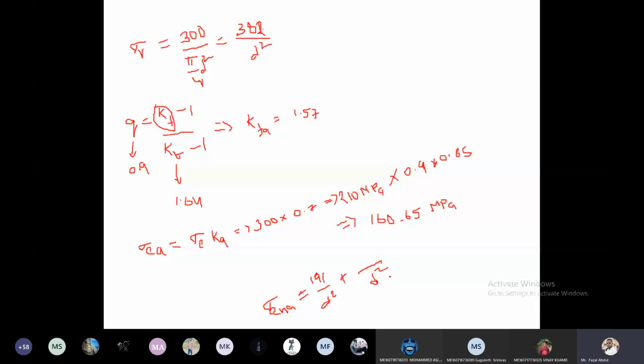The value is 1237. Now the final value is 1428 by d square, and the unit is megapascal.